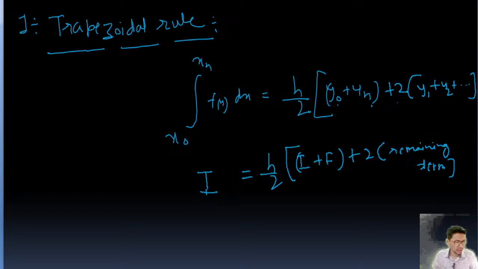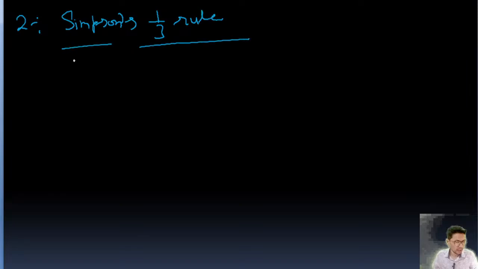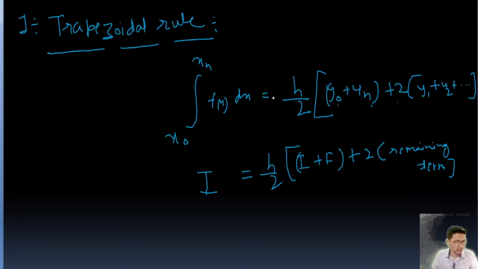Next is Simpson's 1/3 rule. So I equal to h by 3 into y naught plus yn, first term plus last term, right?